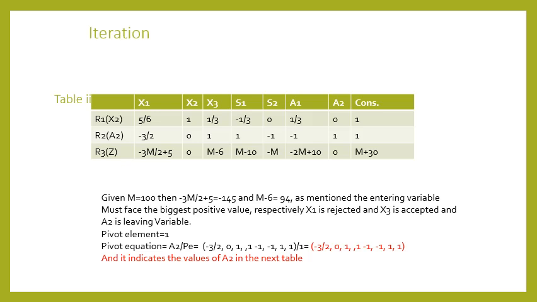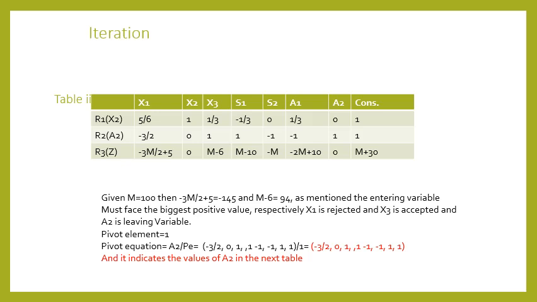As mentioned, the entering variable must face the biggest positive value in the row 3, respectively x1 is rejected and x3 is accepted and A2 is leaving variable.